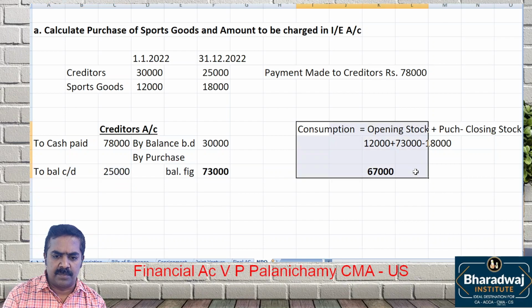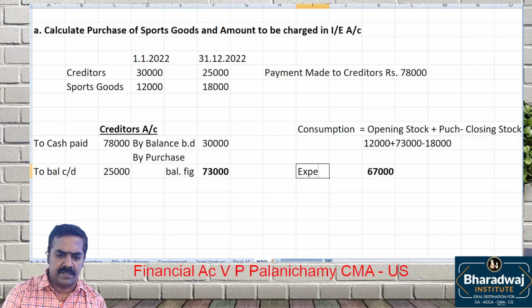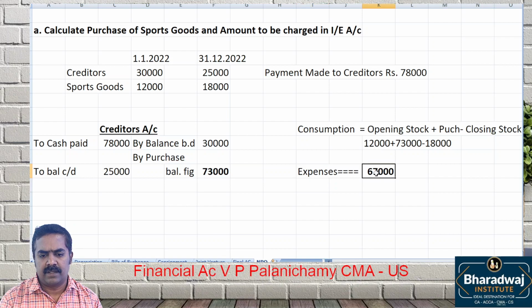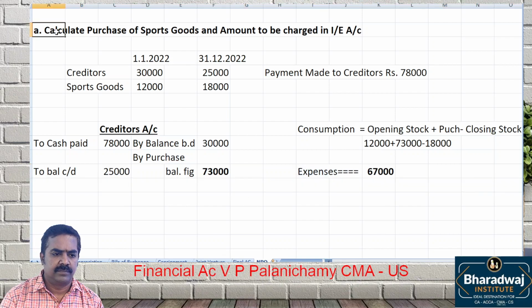Purchases, and consumption is the expense. It is the expenses. Otherwise, this is called as accrual basis. Okay. One more problem for you to try. Take up.